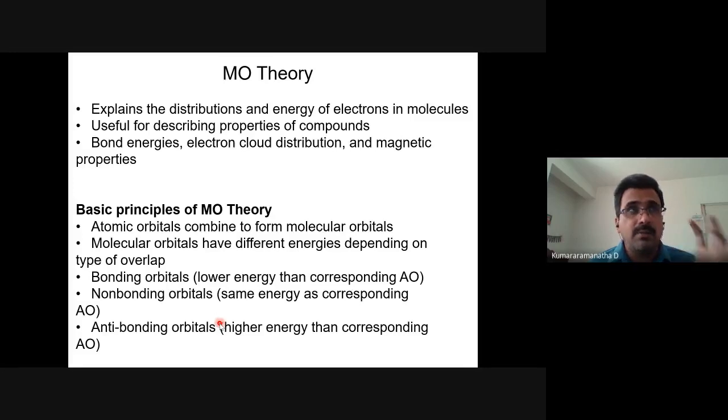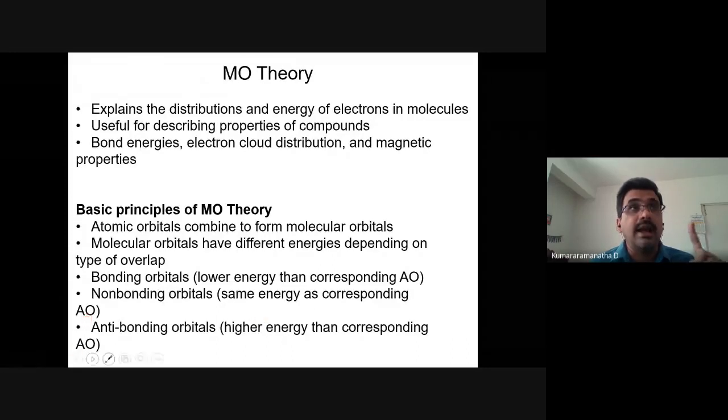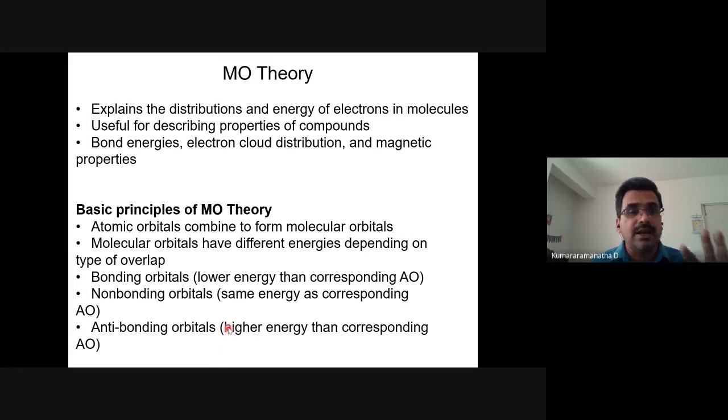I hope many of you have already learned this, but to make it clear, when two atomic orbitals approach, you can have bonding orbitals, whose energy will be lower than the atomic orbitals, non-bonding orbitals, with the same energy as the atomic orbitals, and anti-bonding orbitals. Let's not directly discuss the terms now. Anti-bonding orbitals have higher energy than the corresponding atomic orbitals. So it's a very straightforward case.